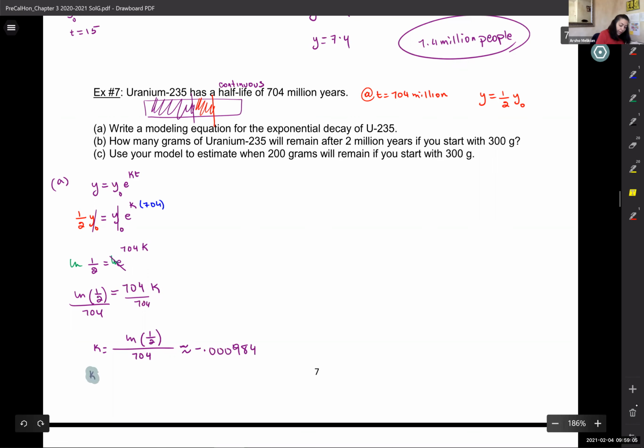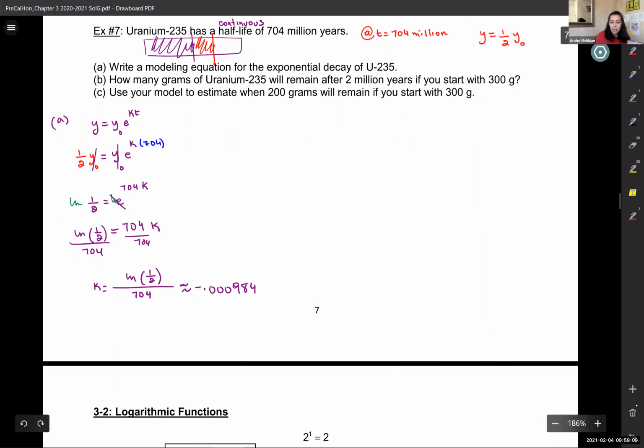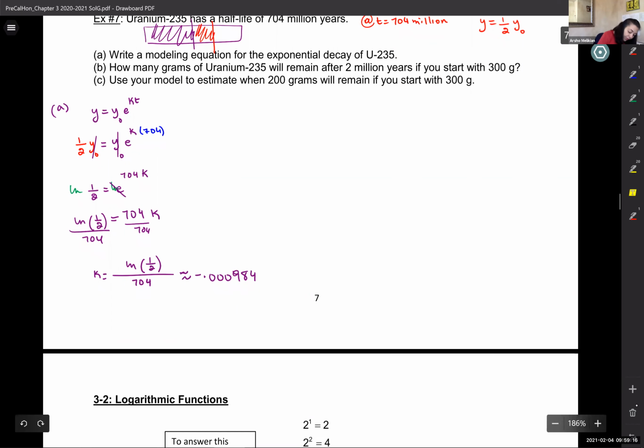And I went to a whole bunch of decimal places. It's wise to do that for k. Get some numbers, don't just stop at the zeros. So now you put that into your equation, so y equals y naught e to the negative 0.000984t. That is the modeling equation.